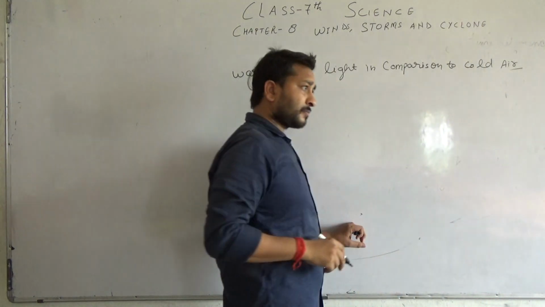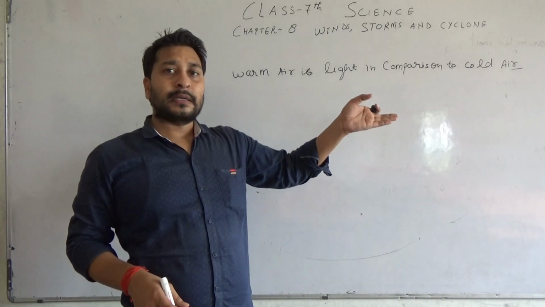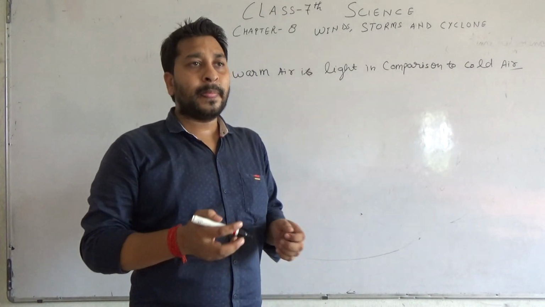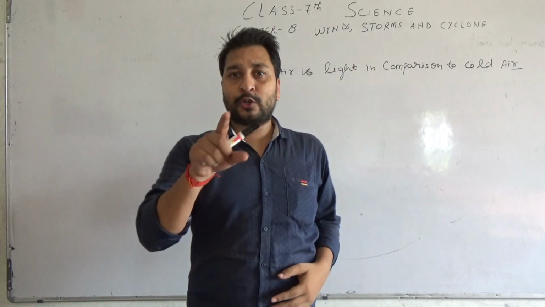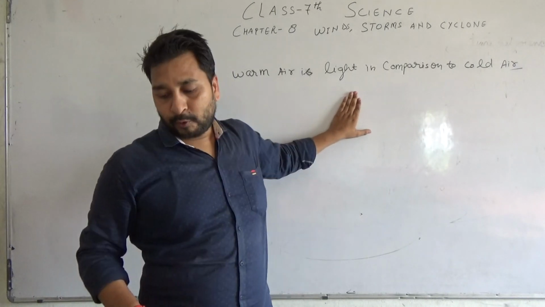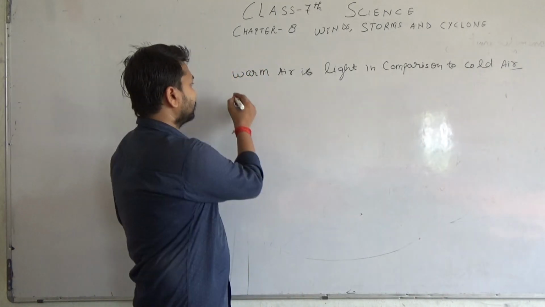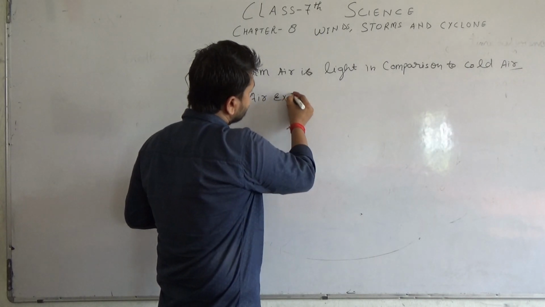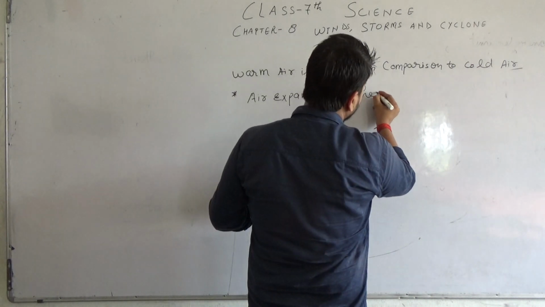If the air is light, then it will move upward. So that's why hot air moves upward. I will tell you its significance further. Okay. Now one more important property of air: air expands on heating.